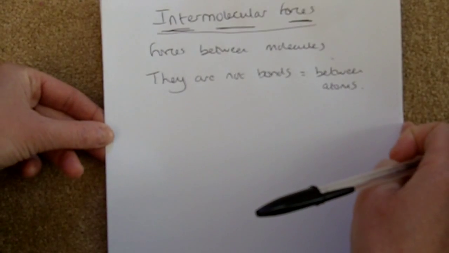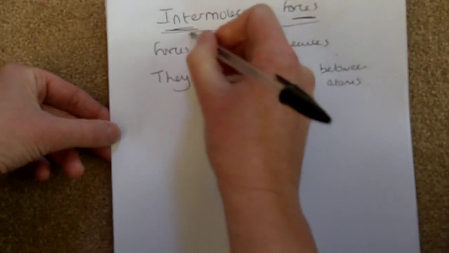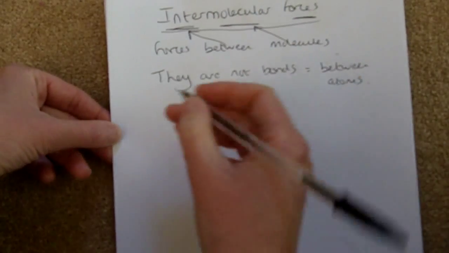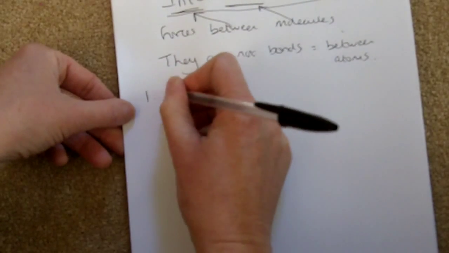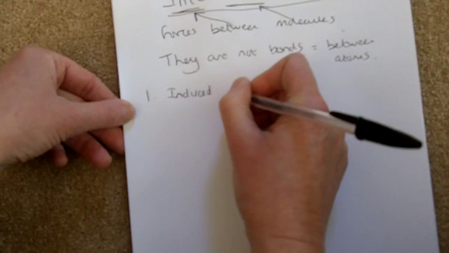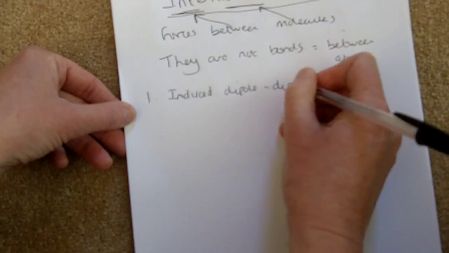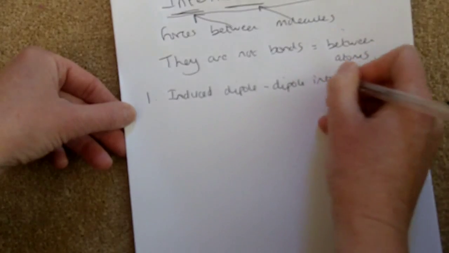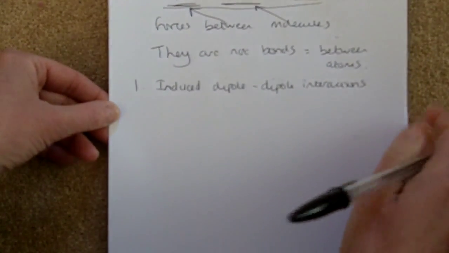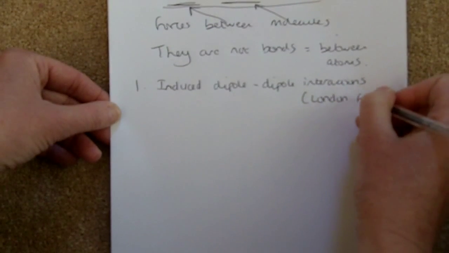Now there are 3 intermolecular forces between the molecules. The first one is called induced dipole to dipole interactions, also known as London forces.